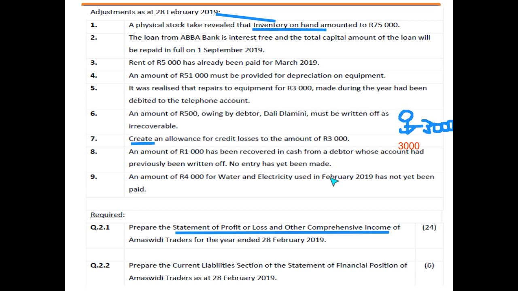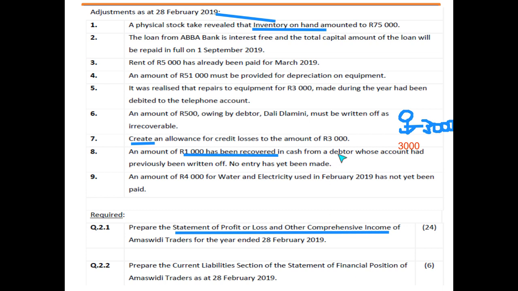No, there's no income. There is an income. This person was written off before. He came back and we recovered. Can you see now? We recovered this cash of 1,000.